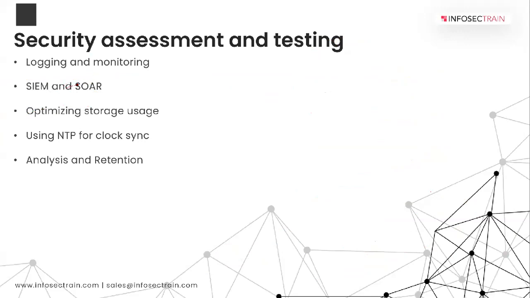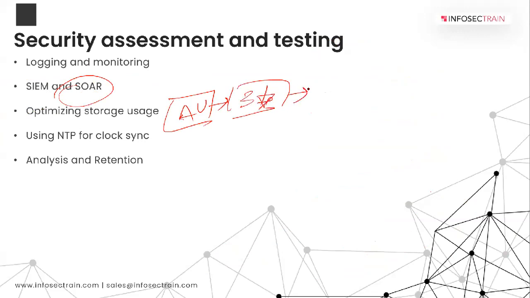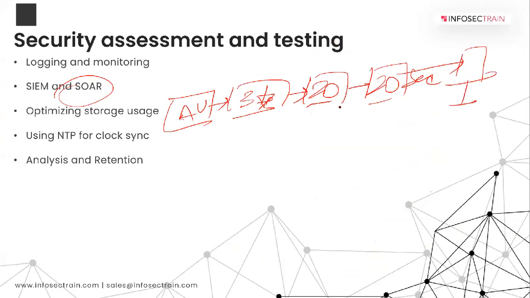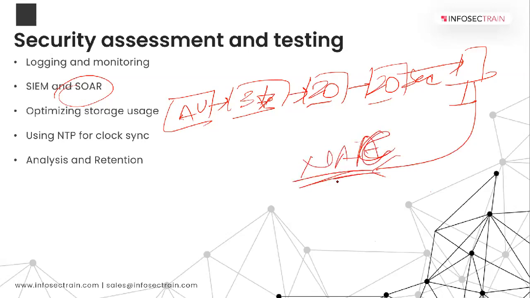What SOAR does is, on top of SIEM, SOAR offers certain integrations. For example, say I've written a rule that if AV is generating logs pertaining to execution of files rated 3 or below 20 times in a row within 20 seconds from a single workstation, then you tell the NAC solution, your network access control, to throw this system out of the network.